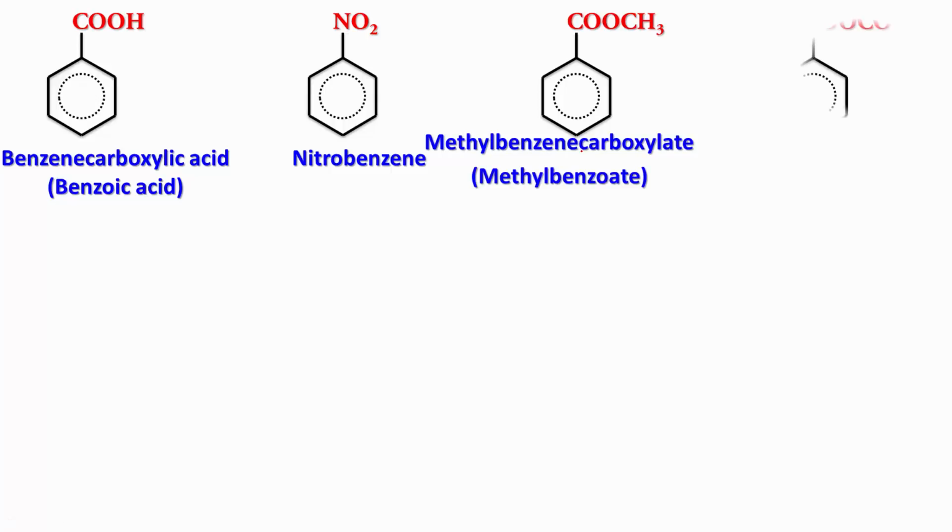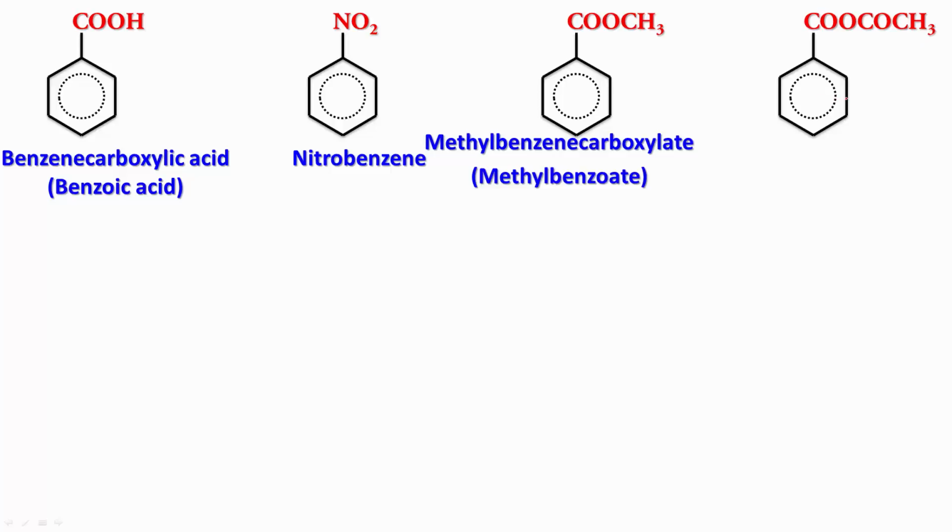What kind of a compound is this? Can you see it's an anhydride? You have a C double bond O, then an O, then another C double bond O, and a CH3. How do you name anhydrides? Alkanoic anhydride.